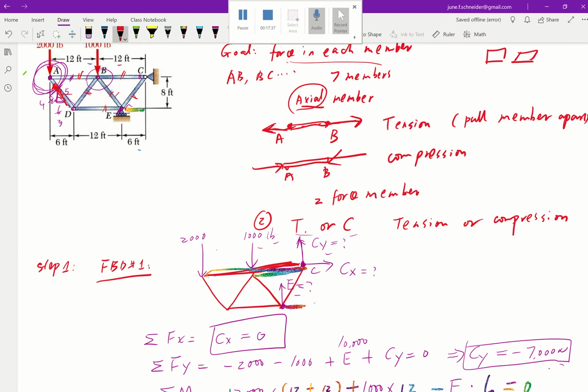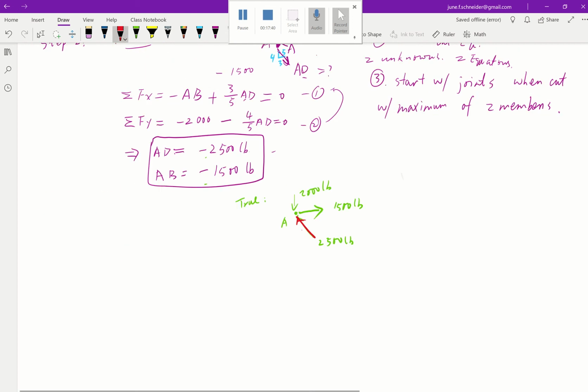Joint A is going to push AD back. So if we draw AD in this orientation, joint A is going to push that back on AD. And then of course, this side will have to be in this direction to balance this out, right?